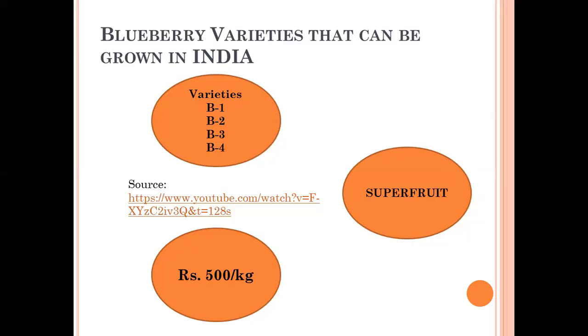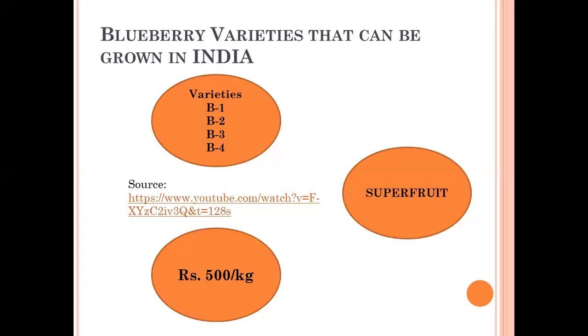We have the mindset that blueberry needs a chilling environment, and that we don't have in India. Most of the area in India, overall the year, doesn't have a chilling environment, right? So that's why we import like 80% of the blueberry from other countries, and it has the price of 500 rupees per kg.